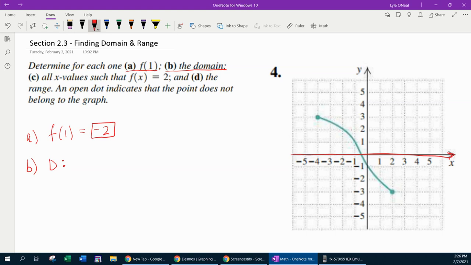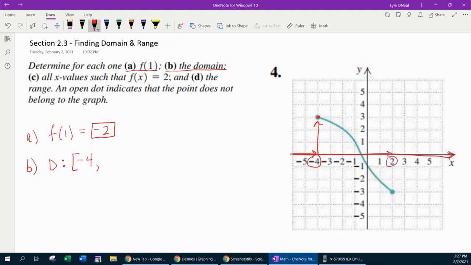So as we scan from left to right, we can see that this graph starts at -4, and since it is a solid dot, that means we're going to have a bracket and -4. The first notation I'm going to demonstrate here is interval notation, where we have a bracket -4, comma, and then where does the graph stop?